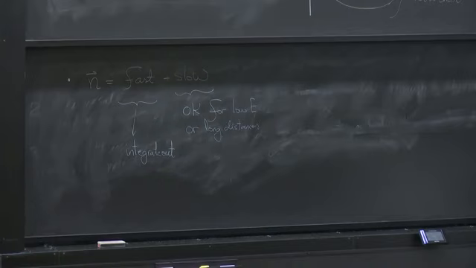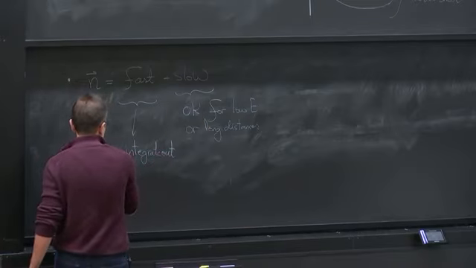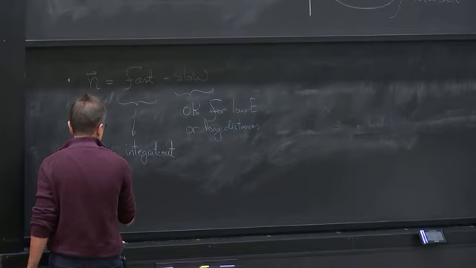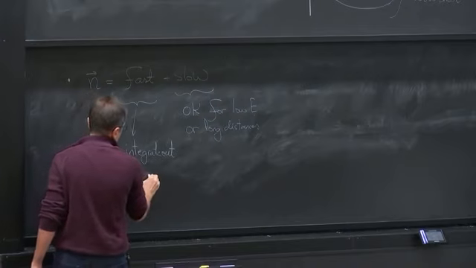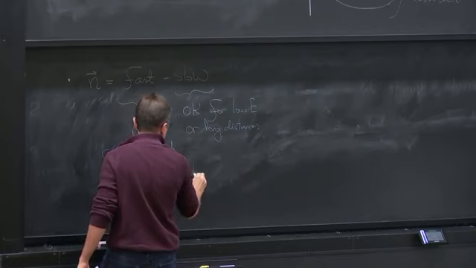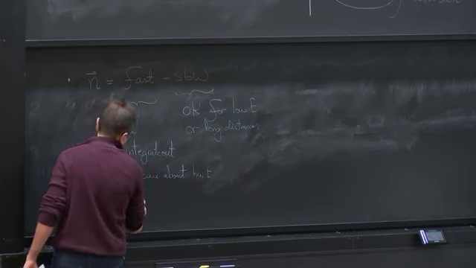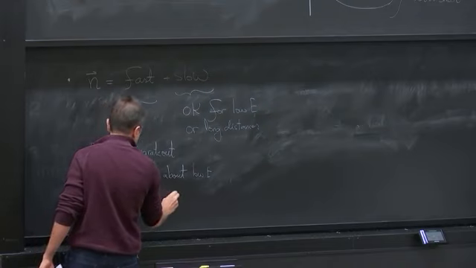But if I ask questions about the UV, what happens when I bring them very close? Then if I bring them too close, I need the full theory. I cannot just ignore the fast modes. So these ones we can integrate out if we care about low energy or long distance questions.